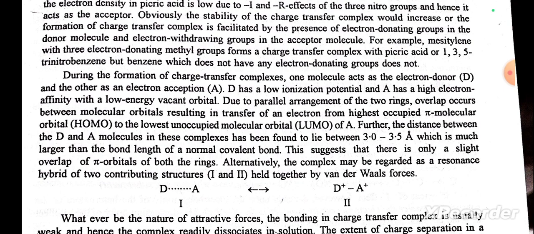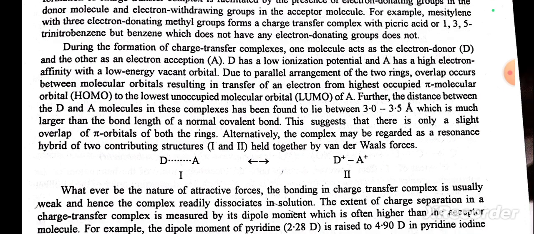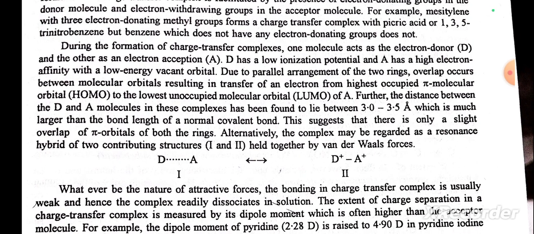During the formation of a charge transfer complex, one molecule acts as an electron donor and the other as an electron acceptor. D has a low ionization potential, and A has a high electron affinity.